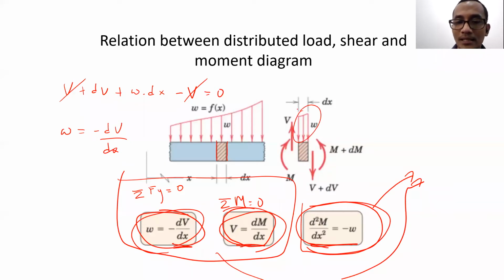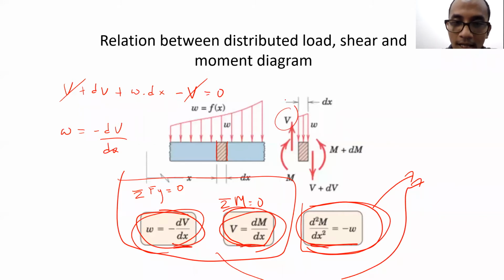So this is just an assumption, Rizky. Actually we can put it like this: the value of V on the left edge is V1, the value of V on the right edge is V2. But by doing so, we will not be able to find the connection between V, M, and w. That's why we assume that there is a difference between V2 and V1.